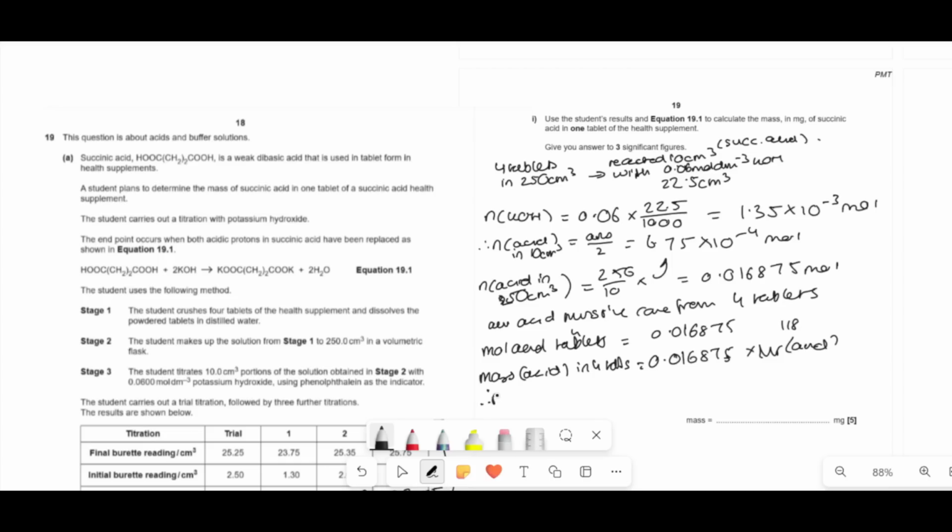So now I know that the mass of the acid in 4 tablets is this thing calculated, which is 1.99125 grams. Therefore, 1 tablet must have that divided by 4, which gives us an answer of 0.498 grams. And they want it in milligrams, so you have to times it by 1,000 to get 498 milligrams.